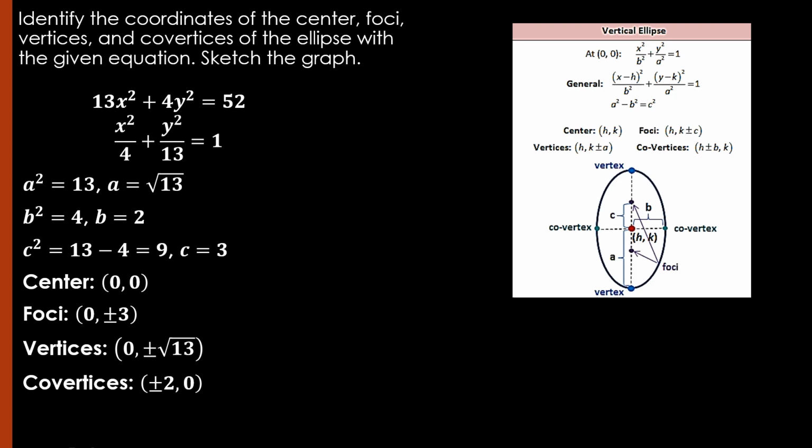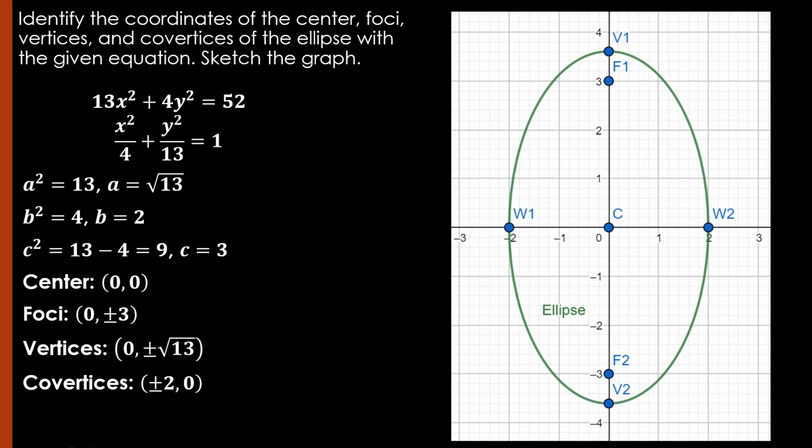I'm going to show you the graph of this ellipse. So as you can see, it is a vertical ellipse. You can also see the parts. So we have the center at 0, 0. The foci, F1 and F2, are c units away from the center, and that is 3 units away from the center. And the vertices are a units away from the center.